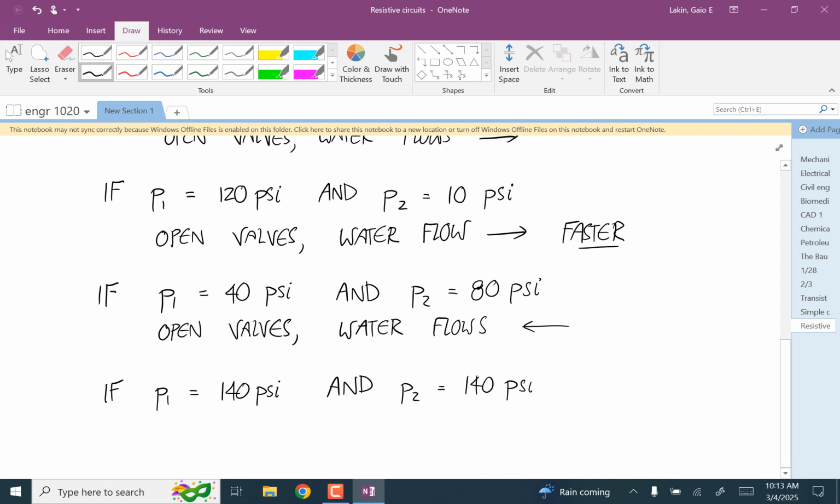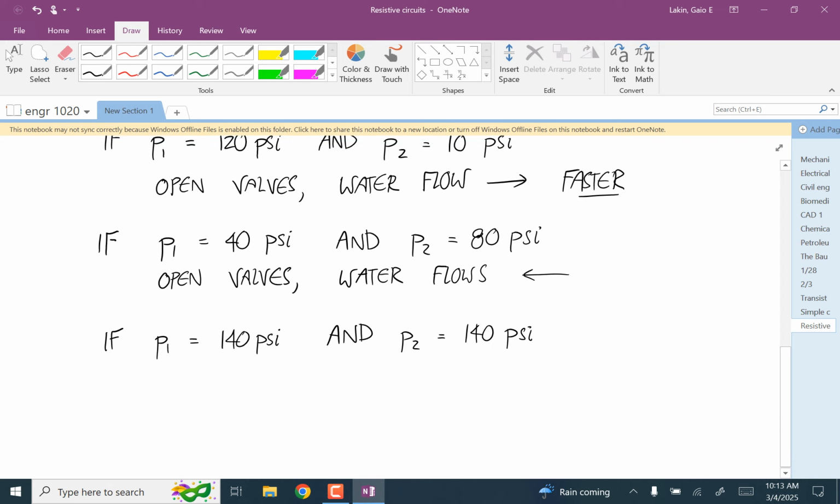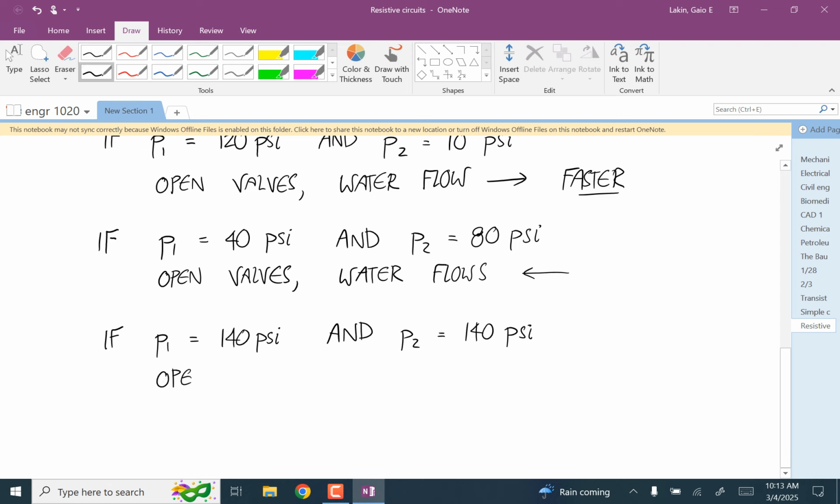So this is a ton of pressure. And now you open the valves. Where is the water going to flow in this case? It's not going to do anything because of the pressure. It's just going to do something because of gravity. There's no net flow one way or the other.